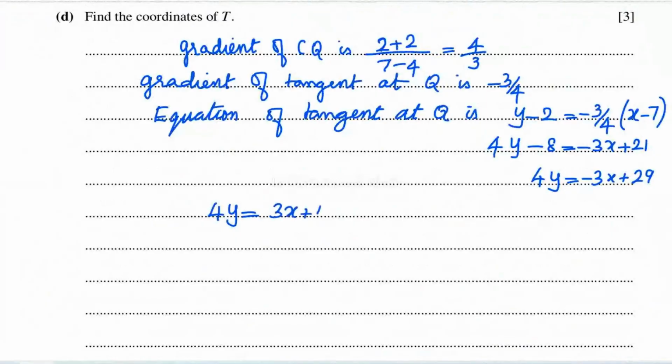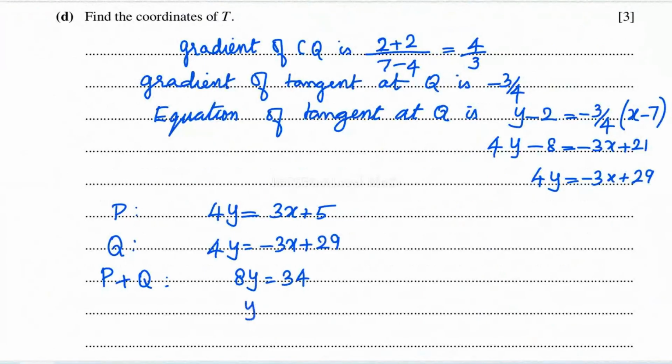This is at P and this is at Q. 4y is equal to minus 3x plus 29. When you add these two, you will get 8y is equal to 34. So y is equal to 17 over 4.